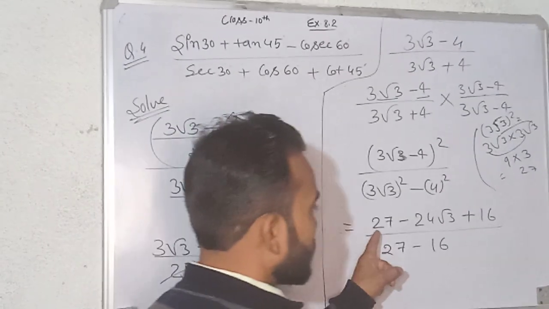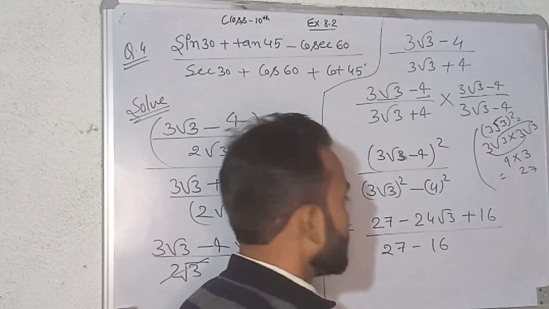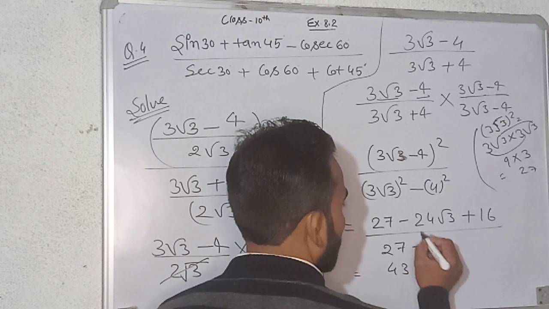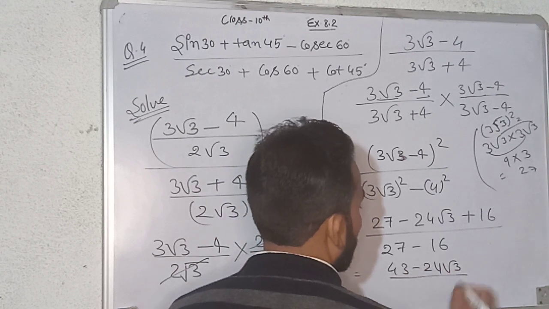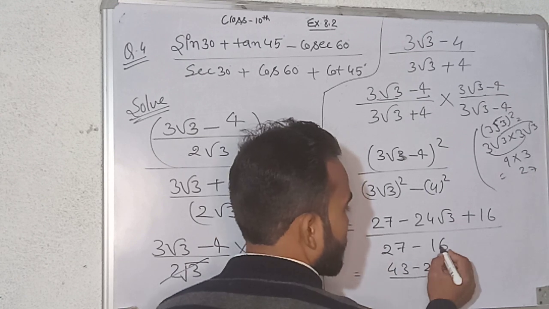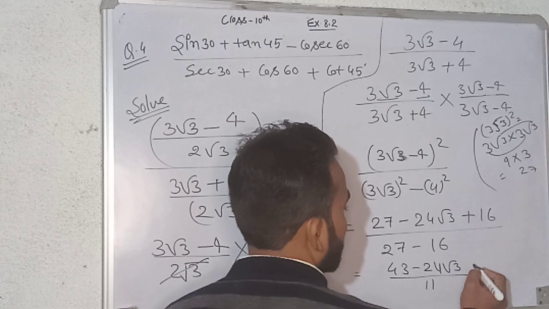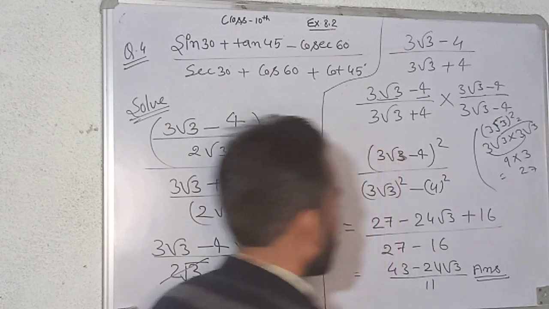Now 27 plus 16 becomes 43, so we get 43 minus 24 root 3 upon 27 minus 16, which becomes 11. That is the answer.